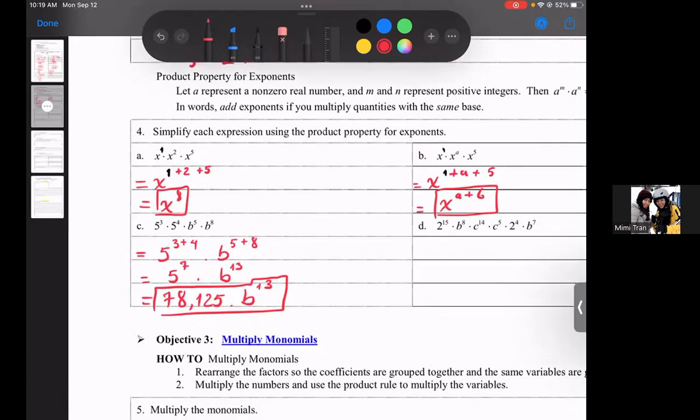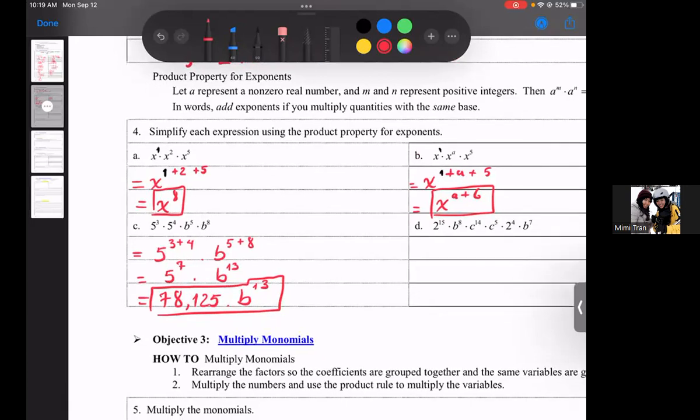You gotta try D. You try D. Yeah, that's what I couldn't fix.